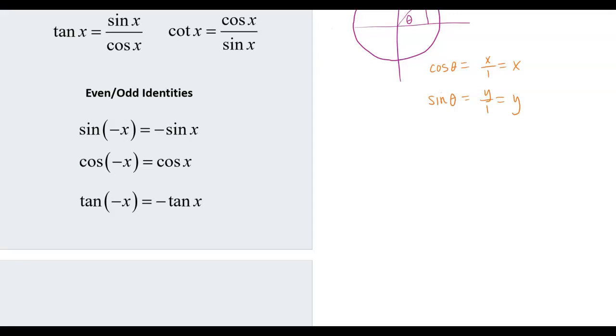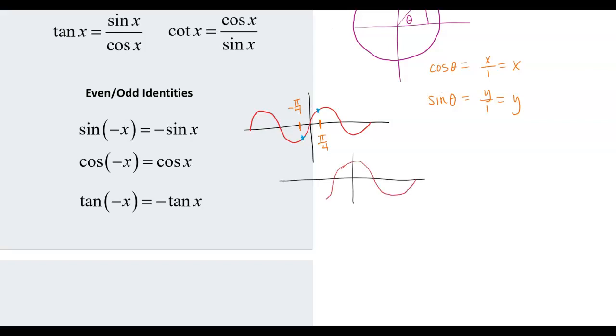Again, an odd function is one like sine, in which, let's draw just a rough sine graph here, if you take a particular angle, let's say pi over 4 versus negative pi over 4, the output values are going to be opposites of one another, negative values of one another, versus the cosine, where the graph is symmetric about the y-axis.